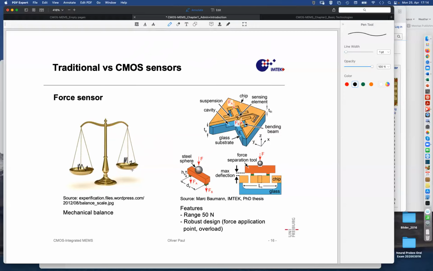And so one of my students, Mark Baumann, as part of his PhD thesis, made this micro scale, which is composed of a supporting glass chip, and then a silicon chip made in CMOS technology that is bonded on top of this glass chip. The glass chip has a little cavity, and the silicon chip can be microstructured, as you see here.